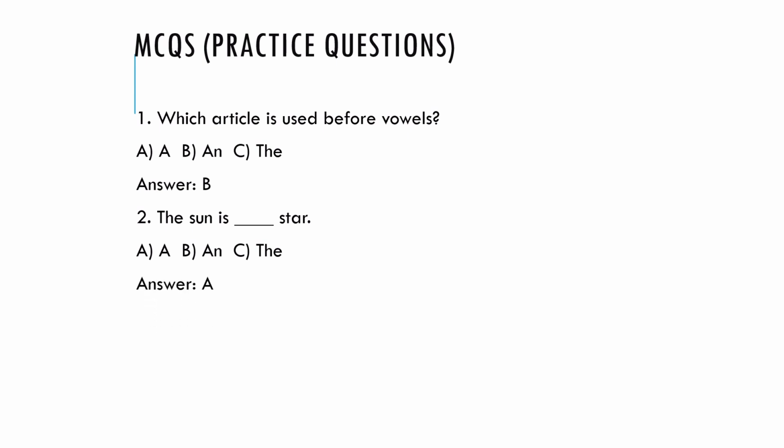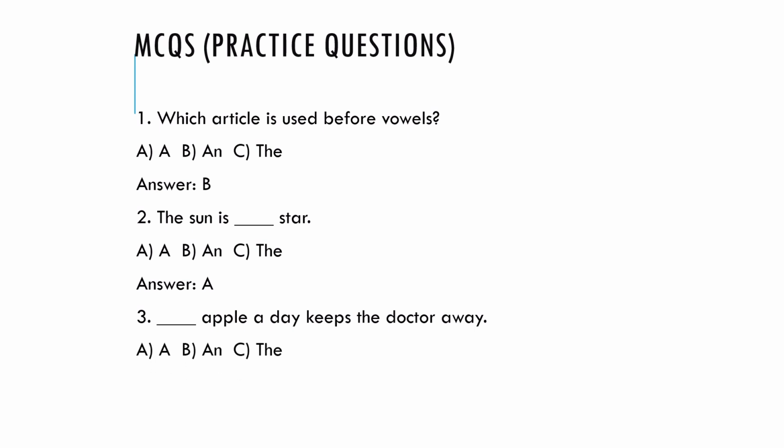Answer is A. Dash apple a day keeps the doctor away. An apple a day keeps the doctor away. Answer is B. Water is dash essential resource. Water is an essential resource, because essential starts with the E sound, a vowel sound.